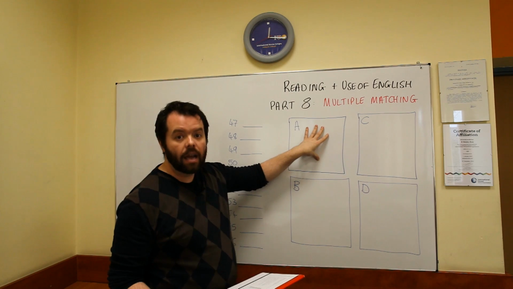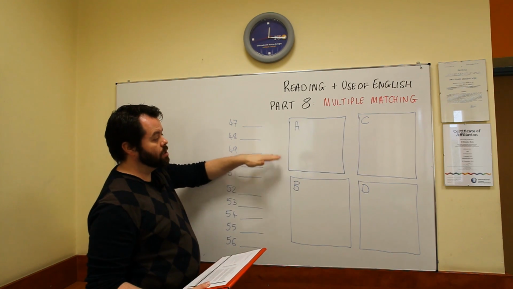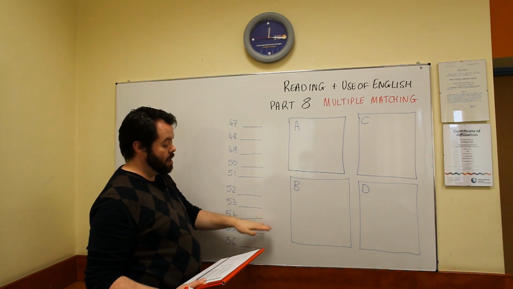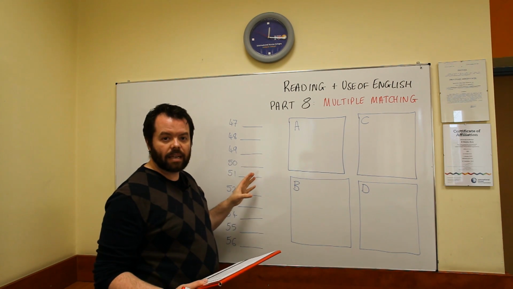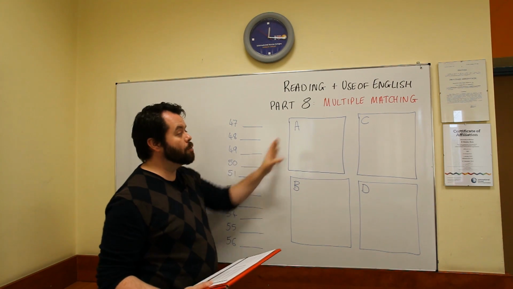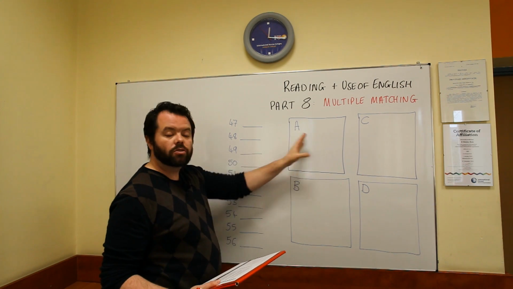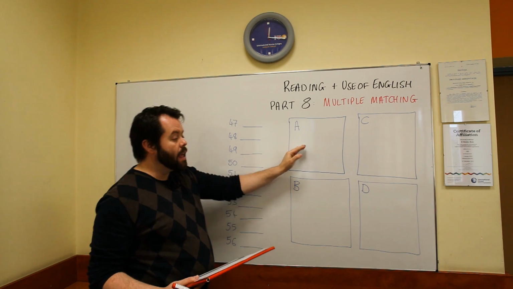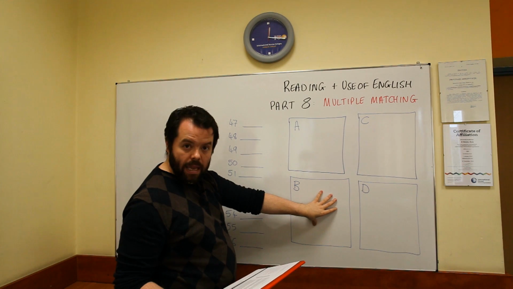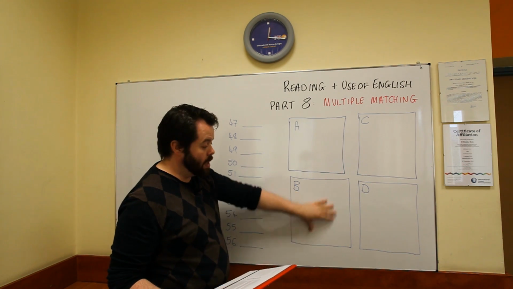Read it carefully and then go through each one of the questions and mark everything that you think is connected with text A. As you're doing that, go back into the text and try to underline where you found the answer. Then move to text B and do the same thing. Read it.